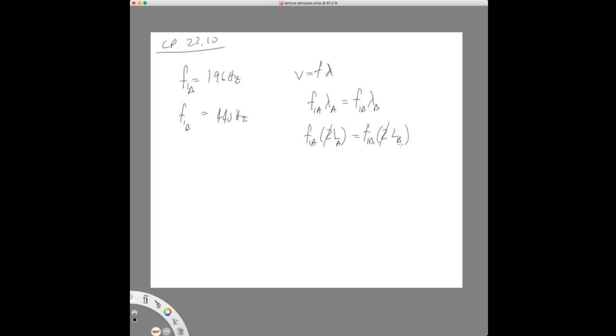And we can solve for the length B in terms of length A. That's going to be F1A LA over F1B. And that is 196 LA over 440.